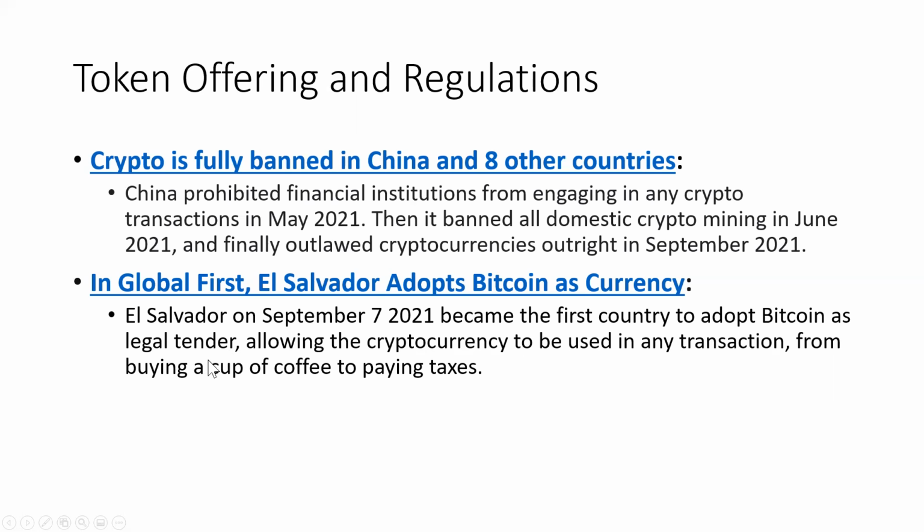What do I mean by legal tender? El Salvador used to use the US dollar as the legal tender for the country. For example, in the United States, we use US dollars as the currency, as the legal tender, right? And now El Salvador, which used to use the US dollar, uses Bitcoin as the legal tender for the country. So this is the first time. So countries are going in different directions, banning or adopting cryptocurrencies.